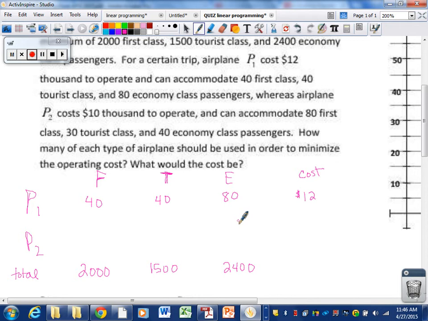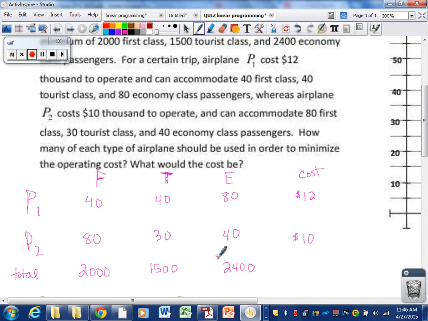Okay, I think the majority of you are okay with doing this part so far. And plane 2 costs $10,000 to operate, so a cheaper airplane, and it holds 80 first class passengers, only 30 tourist, and only 40 economy.